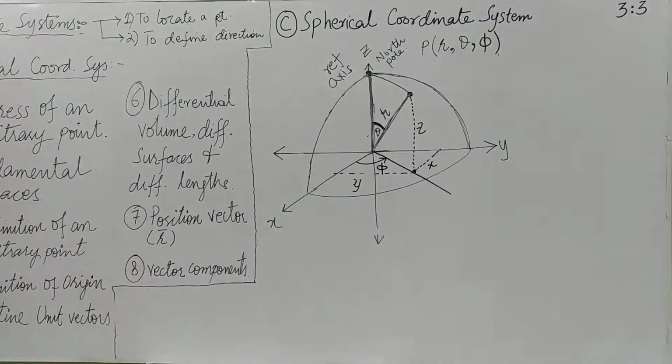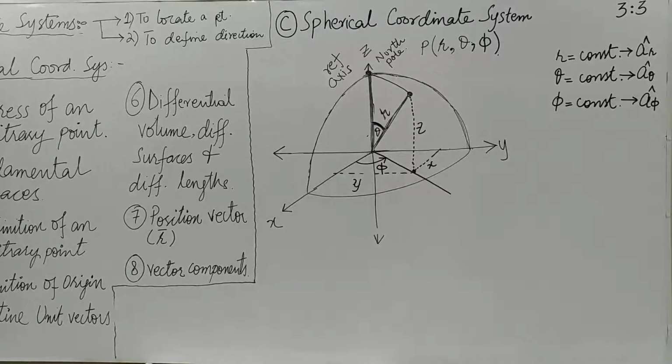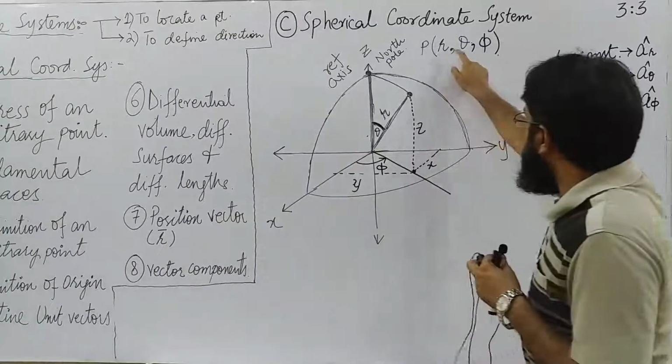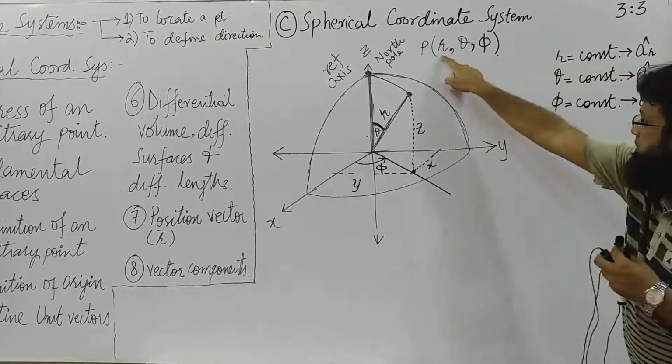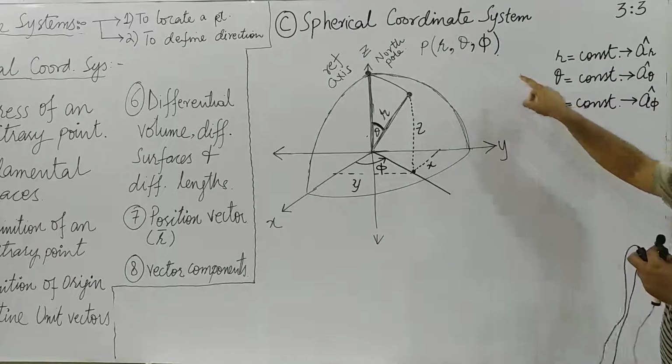So now the next topic would be how to define the fundamental surfaces in the spherical coordinate system. We'll talk about that momentarily. As you might have guessed, we've got 3 coordinates, so we should have 3 fundamental surfaces: r equals constant, theta equals constant, and phi equals constant.